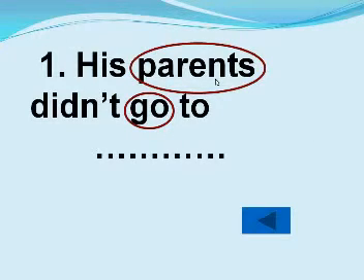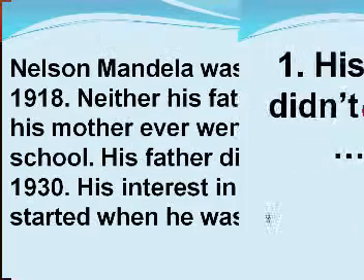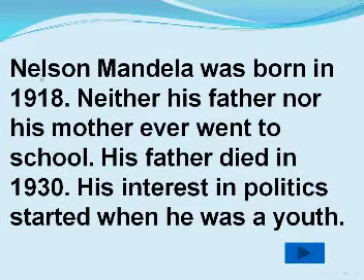parents and go. Okay, of course, in the exam, you'll have to take more time to do this. In order to save time, I will just take you to the part of the text where you can find the answer. And that's it, okay? Here you have to look for the word parents and go. Nelson Mandela was born in 1980. Neither his father nor his mother.